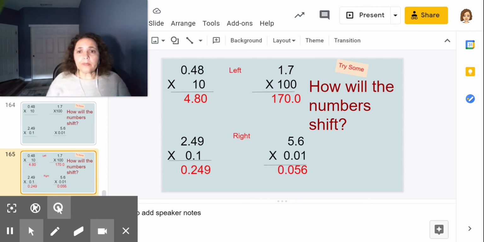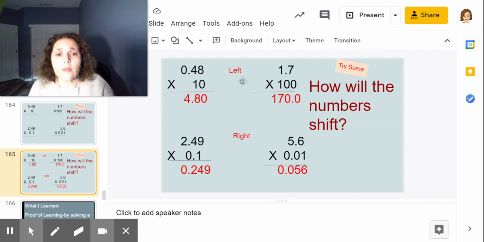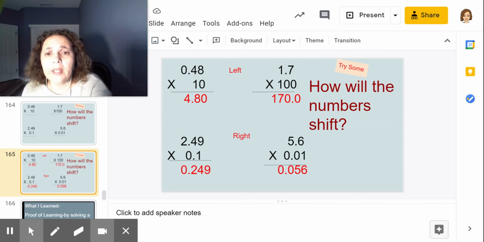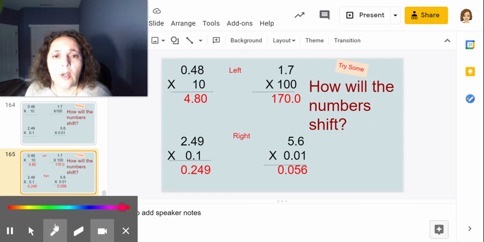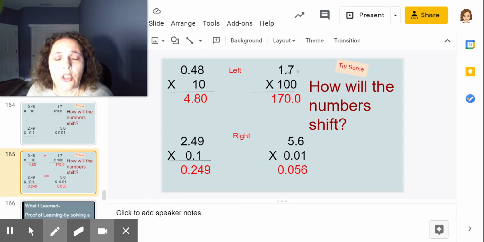Okay, so you should have said that these are going to shift to the left, right? And this one shifted over 1 time. So 48 times 10 is just 48, and my 0. Then 1.7 times 100. I ignore the decimals, just 17 times 1, which is 17.